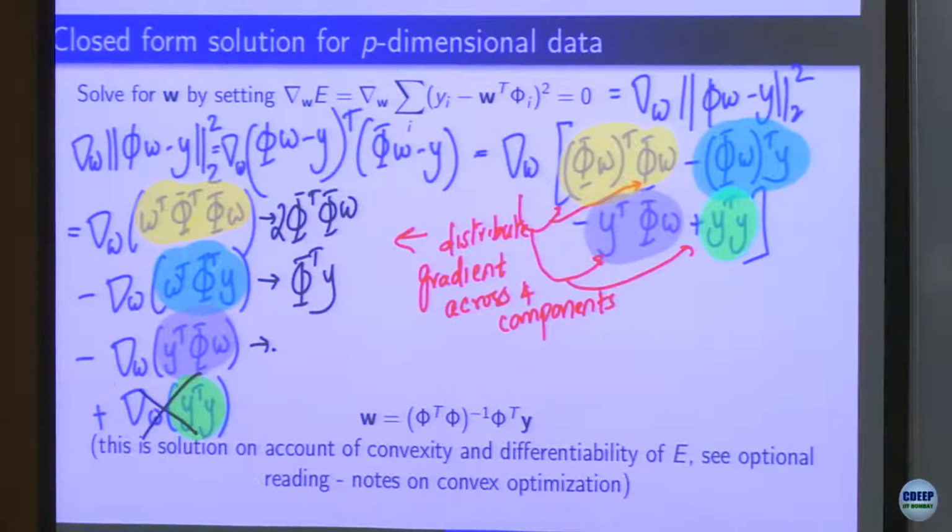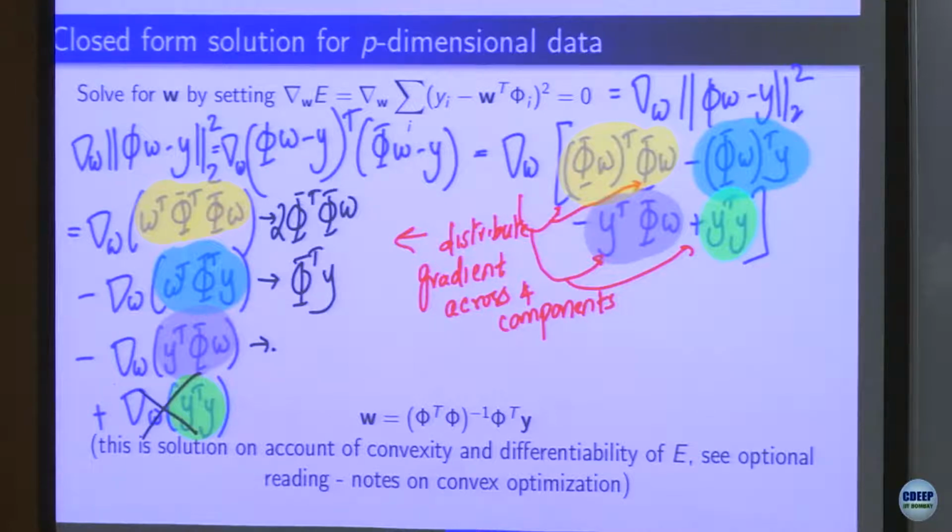The third component. To get it, you first realize that y transpose phi w and w transpose phi transpose y are exactly the same. Why? They transpose each other.